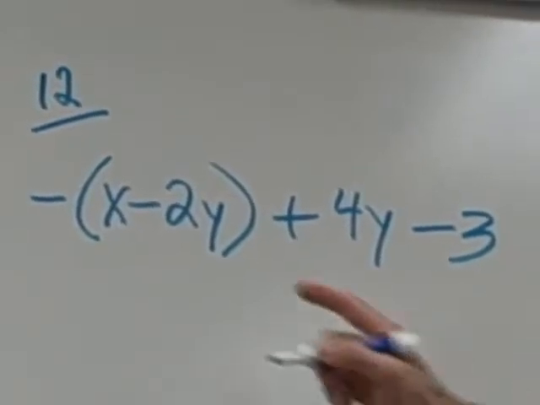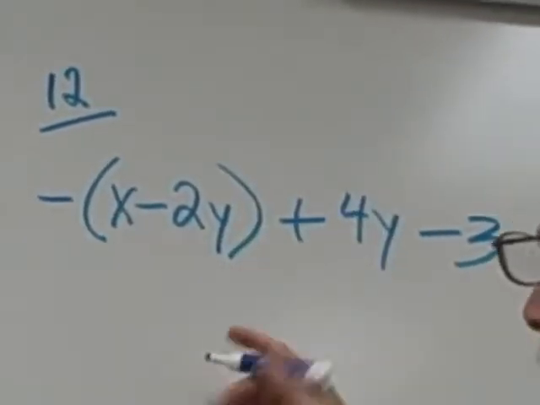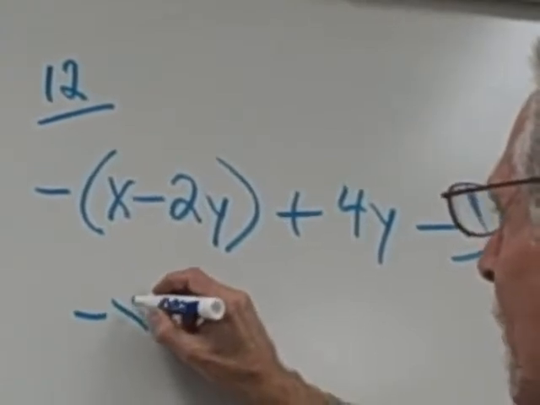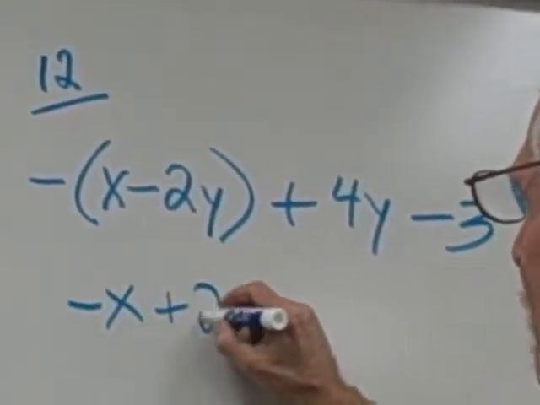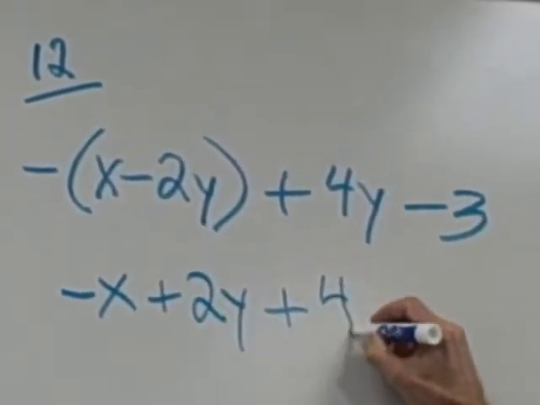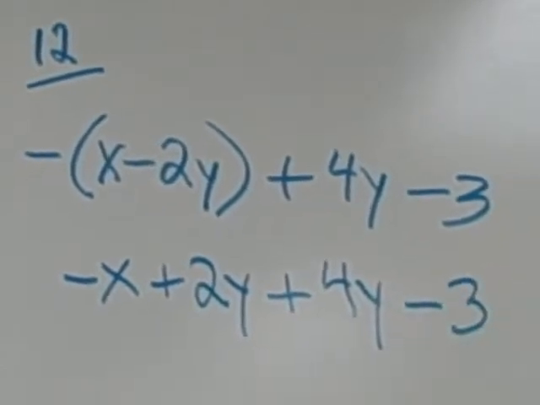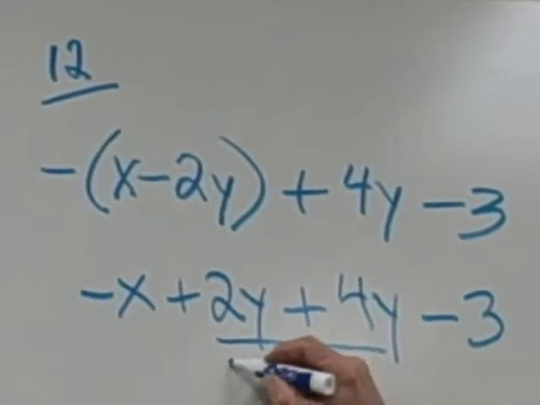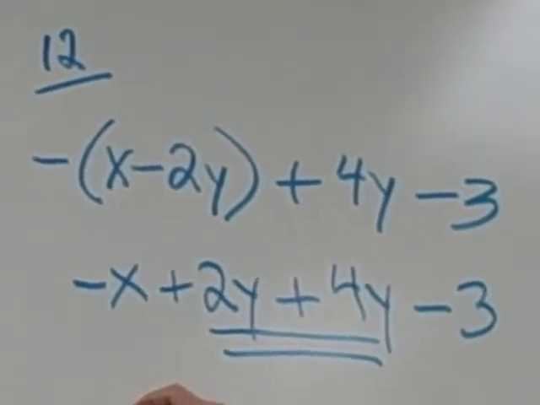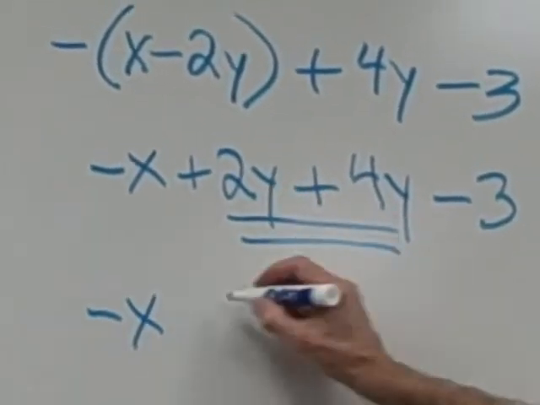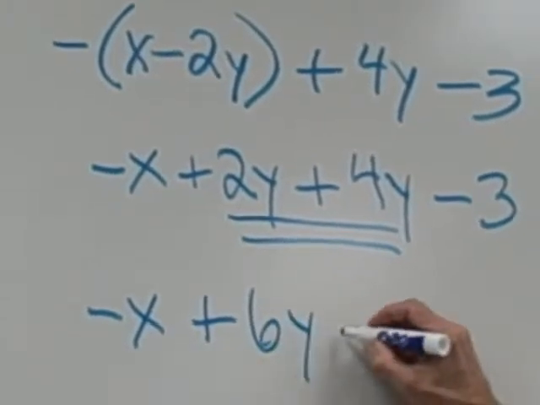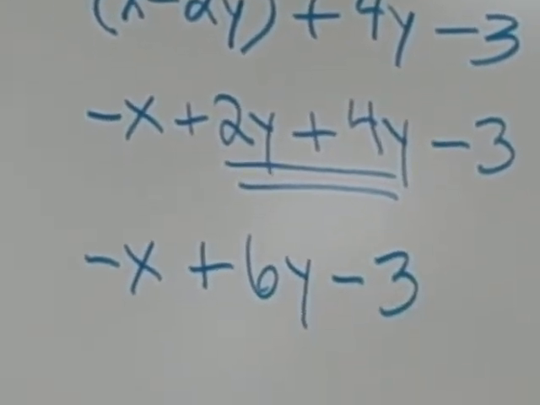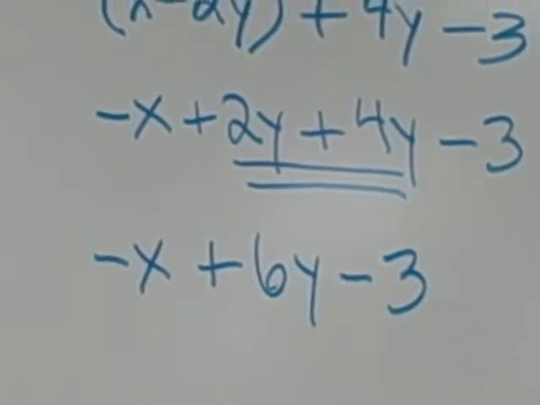So when there's a minus sign, you remove the parentheses and you get a minus x and a plus 2y, and then let's just write the rest of it like that. Aren't these like terms right here, and nothing else is? So 2 plus 4 is what? 6. So you get 6y, and there's your answer for that.